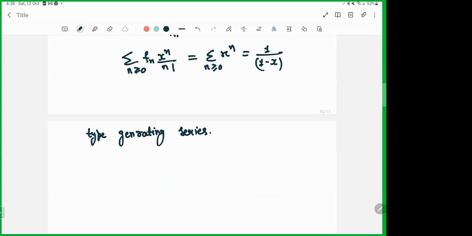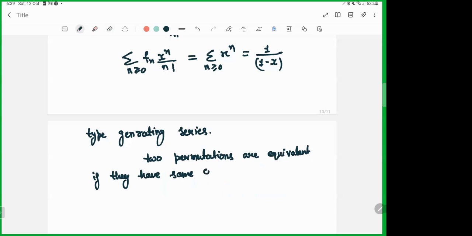So two permutations are equivalent if they have the same cycle type.